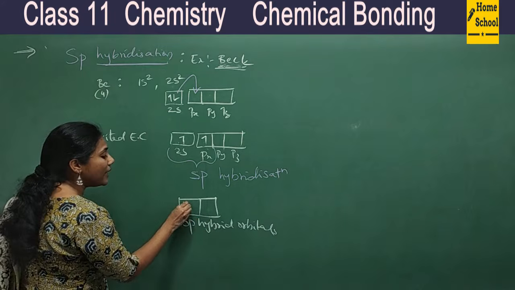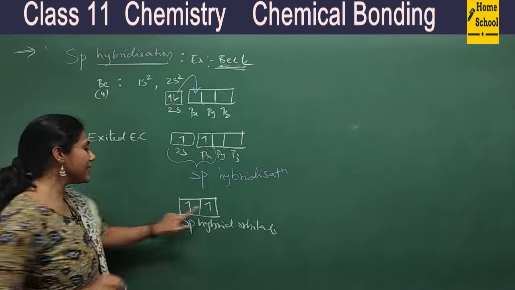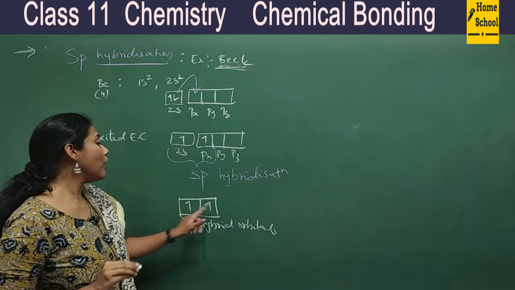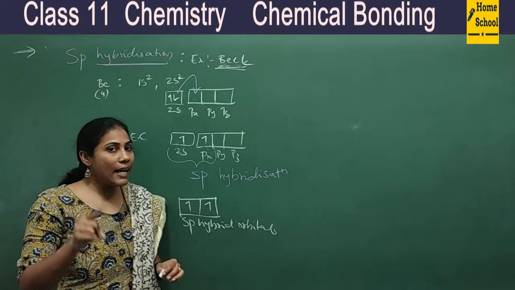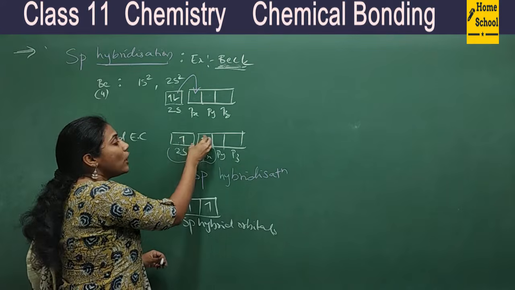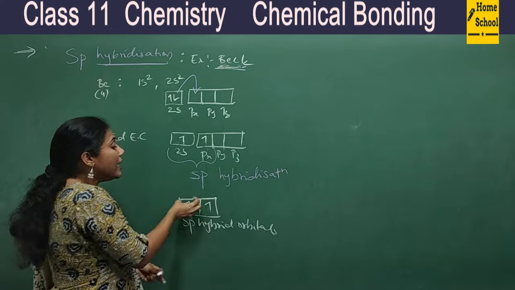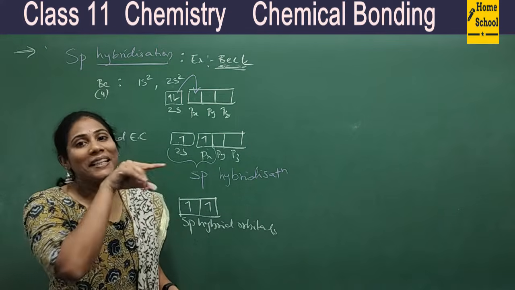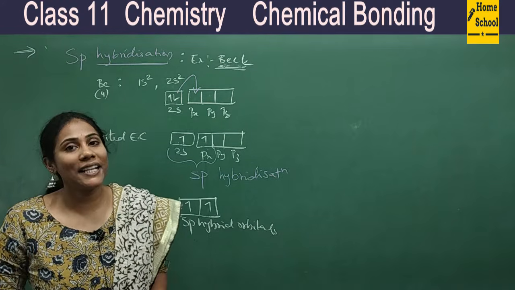This orbital has a single electron and the other sp hybrid orbital also has a single electron. So this is how two new orbitals are formed. Remember guys, the number of atomic orbitals intermixed is always equal to the number of hybrid orbitals formed. This is one of the features of hybridization.